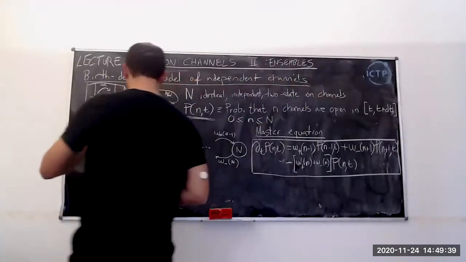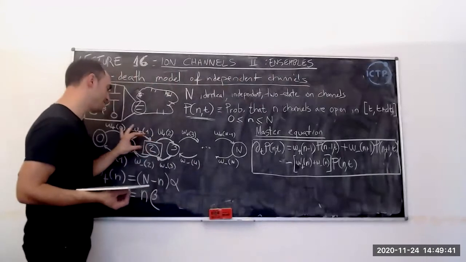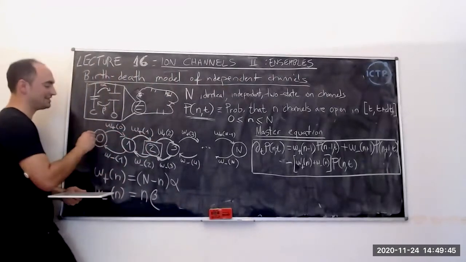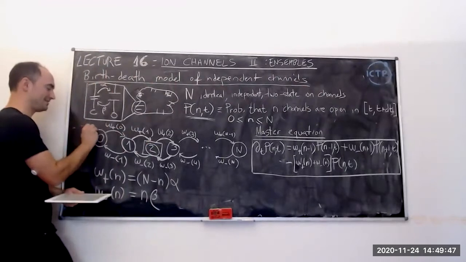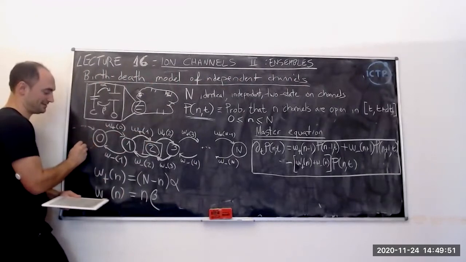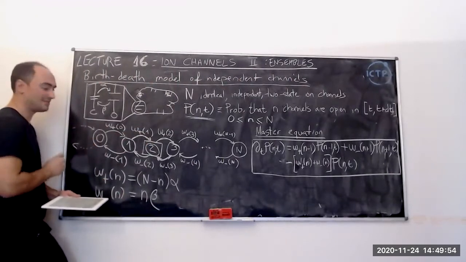Yes, for the case of 0 and N. Exactly. If I do the same game here, fine. But at 0, be careful, because you don't have this rate, and you also don't have this rate. They don't exist.